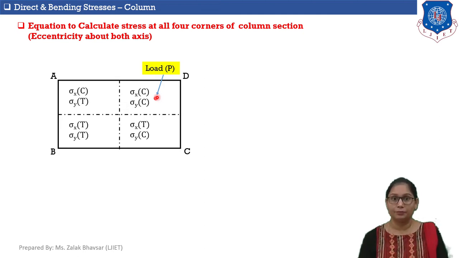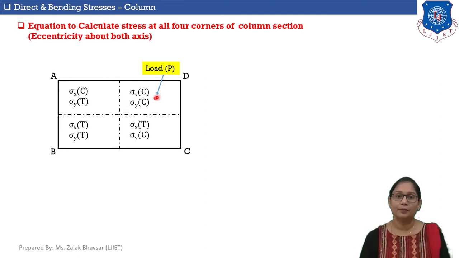So we know that whenever a column section is subjected to eccentric load, direct stresses as well as bending stresses both will be generated. And the total stress developed in a column section due to eccentric load is the summation of direct stress sigma 0 plus bending stress sigma b.